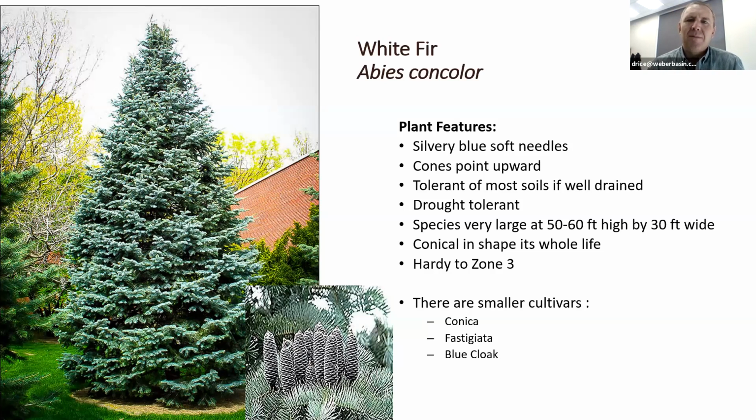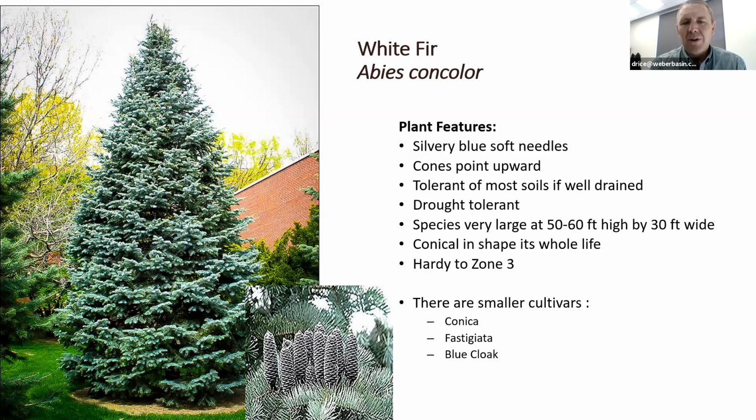But let's talk about white fir. Beautiful tree. This can be a very large tree, but there are small cultivars of this tree. This is one of my favorite evergreen trees. I don't necessarily know why. I think it's because it has such a nice conical shape and a nice soft texture. The color is really good, a silvery blue. We've got a species of this in the garden, and it's probably 20 feet tall now, and we expect it to get taller.